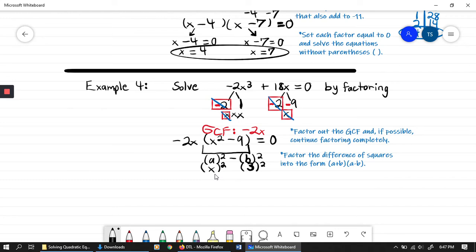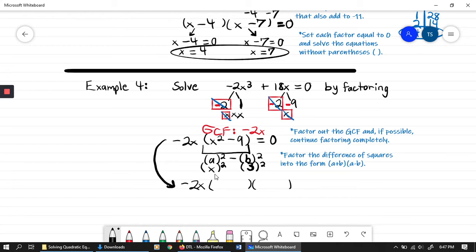All right, and so we need to factor it into that form, a plus b times a minus b. So when we do that, and if we bring down everything, because we still have the same equation, we still have the GCF negative 2x that we factored out, but now we're factoring this difference of squares into 2 different terms.